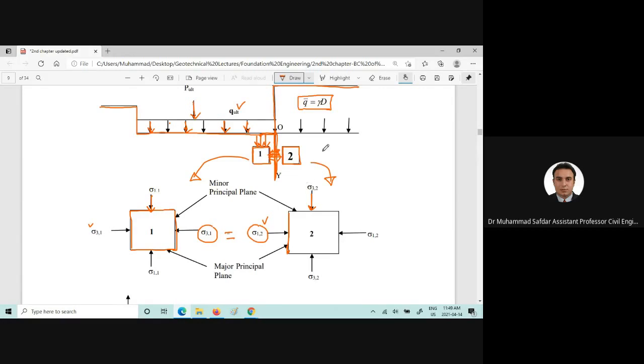Because only gamma D is acting here and q ultimate is acting on this plane, and this is going to exert the horizontal stress onto this plane, which is the major principal plane, and here is the minor principal plane.